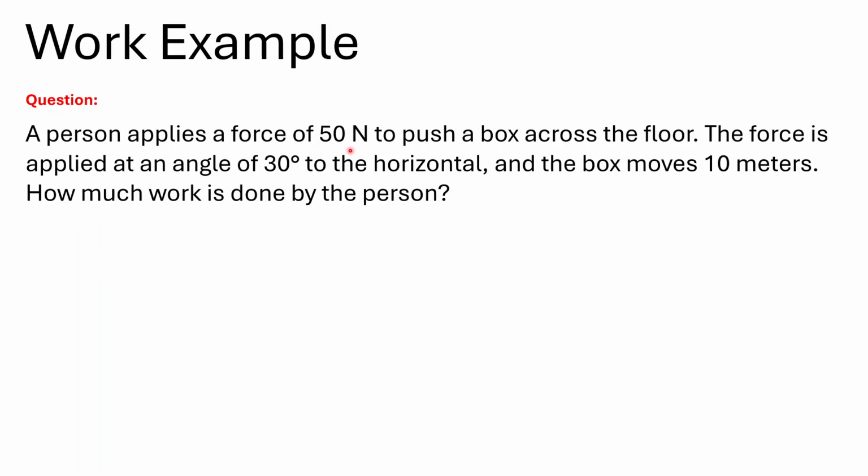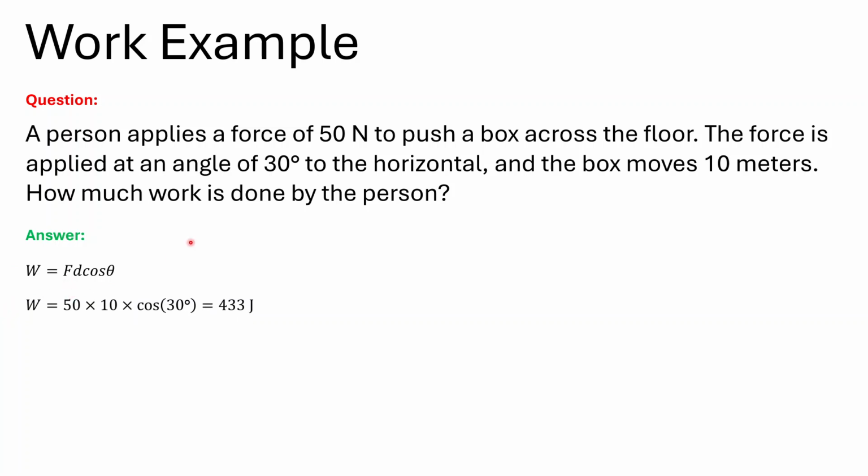Next question is, a person applies a force of 50 newtons to push a box across the floor. The force is applied at an angle of 30 degrees to the horizontal, and the box moves 10 meters. How much work is done by the person? Okay, so the formula that we have to use here is W, which is work, equals FD cosine theta.